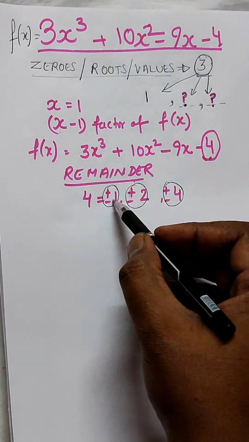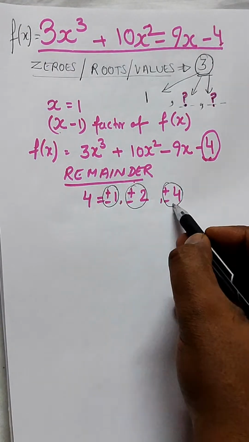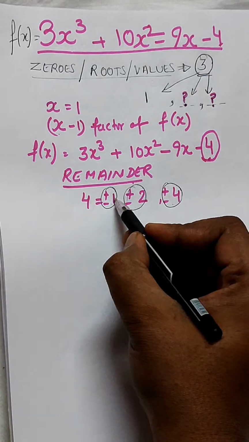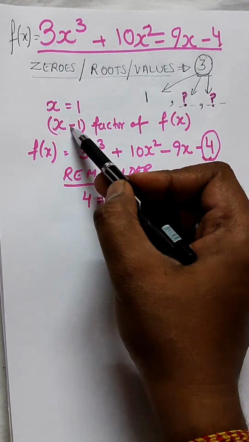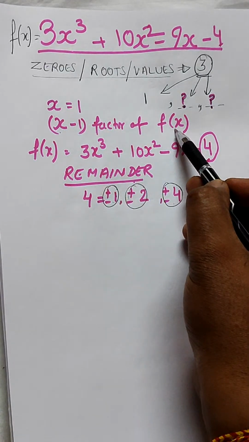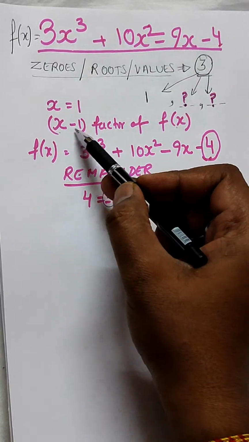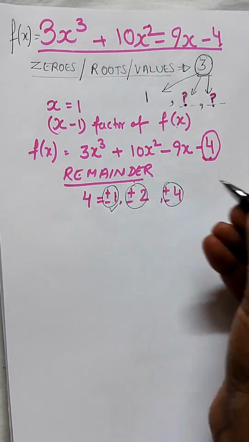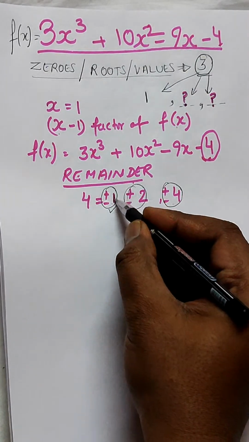You can verify it. One of the factors is 1, which is given in the question, that x equal to 1, that is x minus 1 is a factor of f of x. So you can see 1 is given to you.